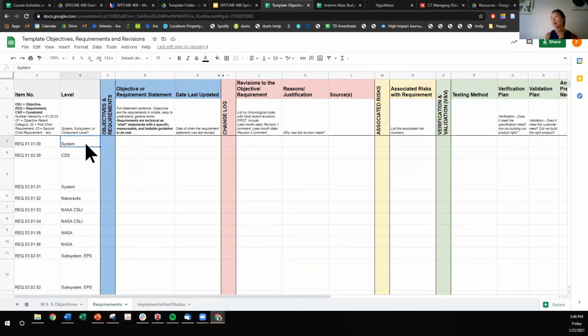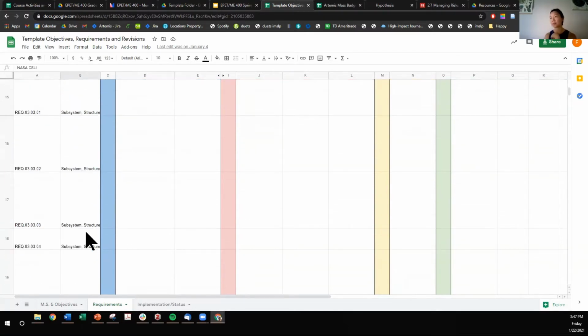Okay, so the spacecraft bus itself has system, subsystem, like EPS, and component, which could be like battery requirements. You can also have external requirements that come from, say, Nanoracks or the NASA CSLI requirements.